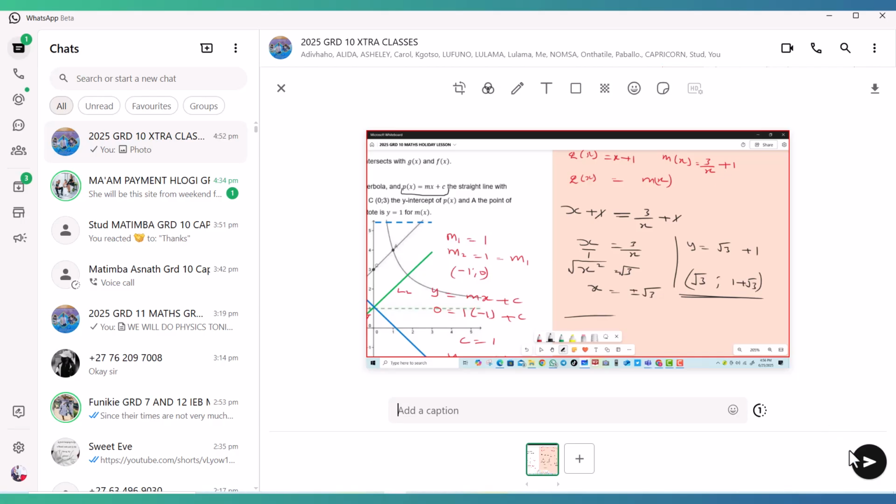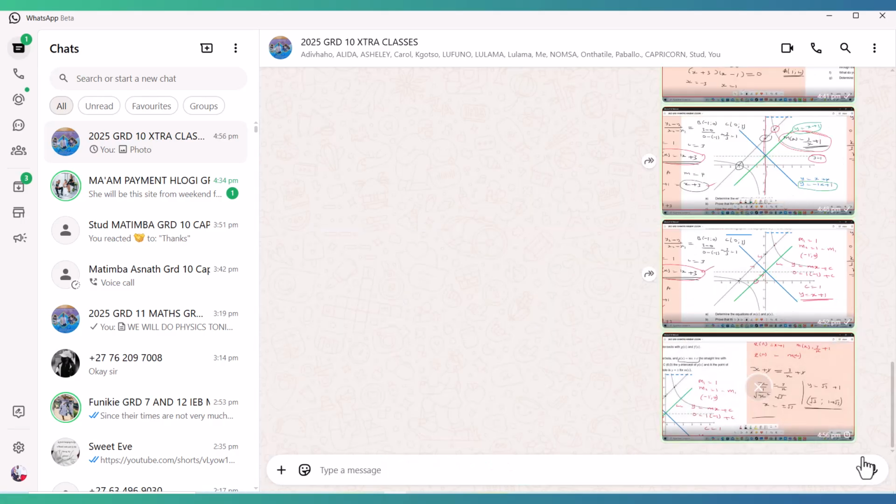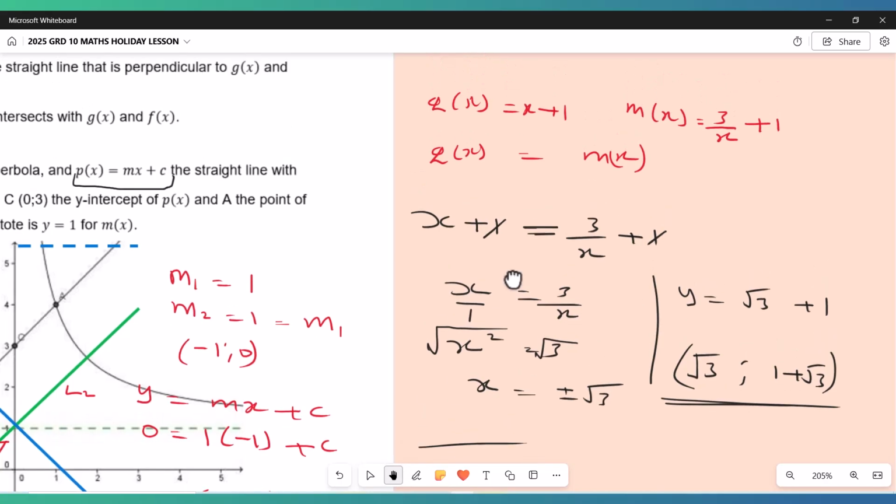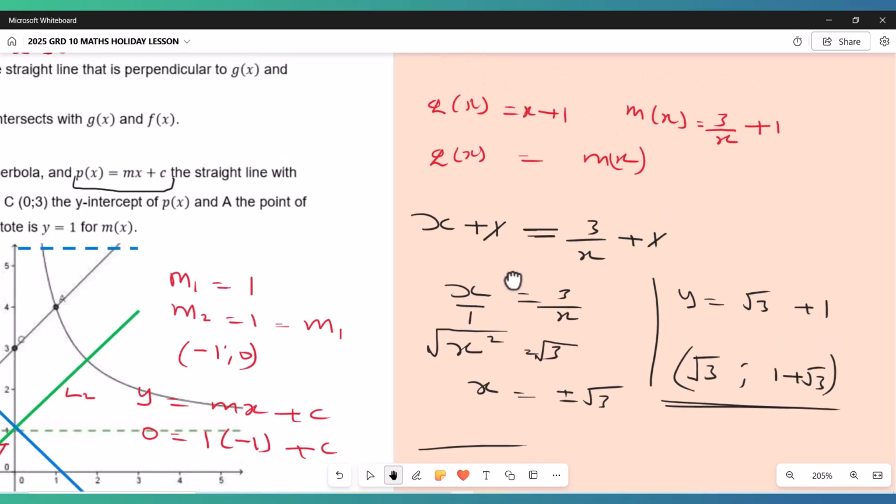Yes, please ask the question. Y is what? The coordinate of y? Root 3 plus 1. Yes, it's because my line, the one I just talked about, is given by this equation here.